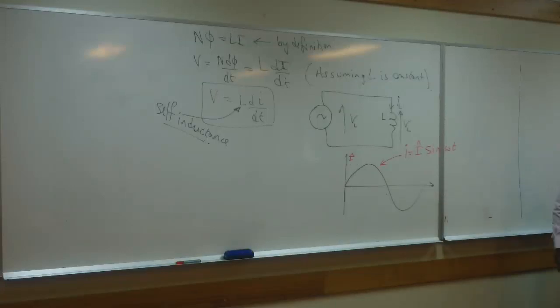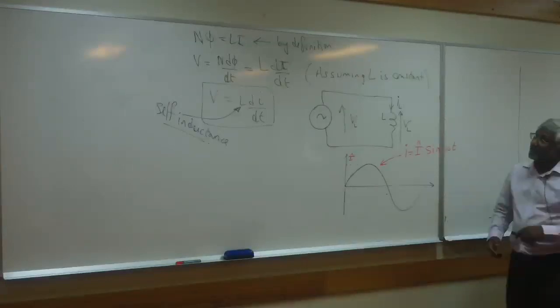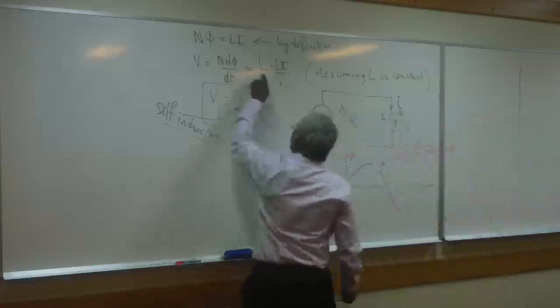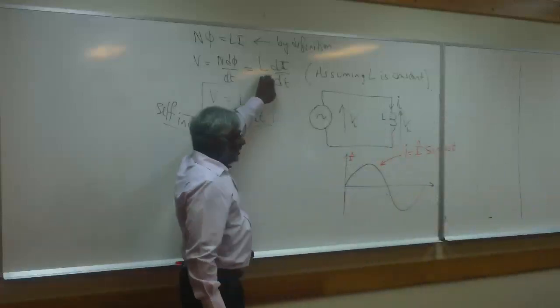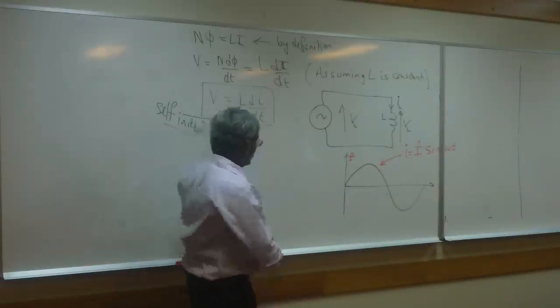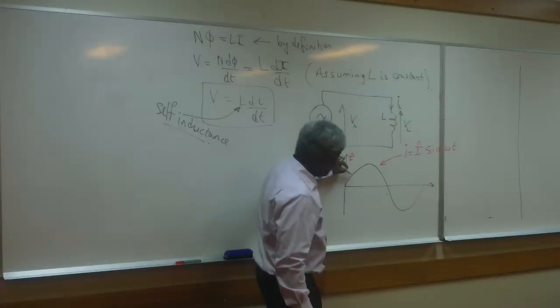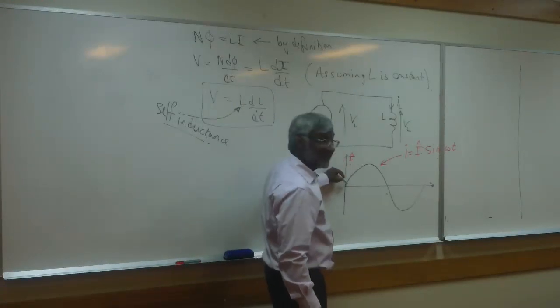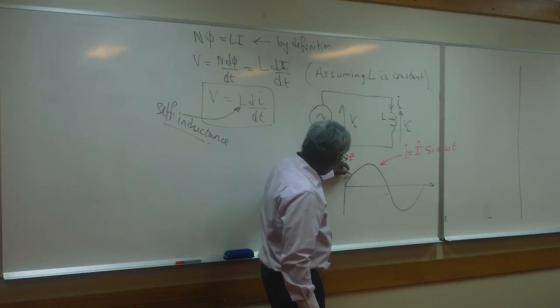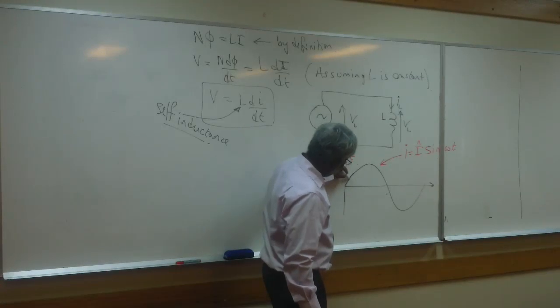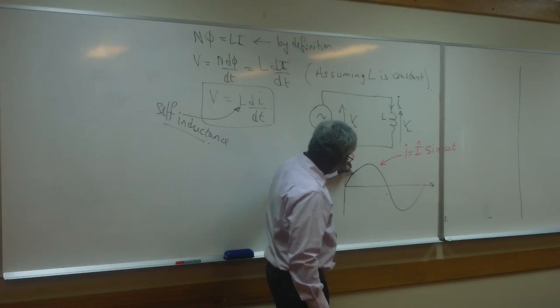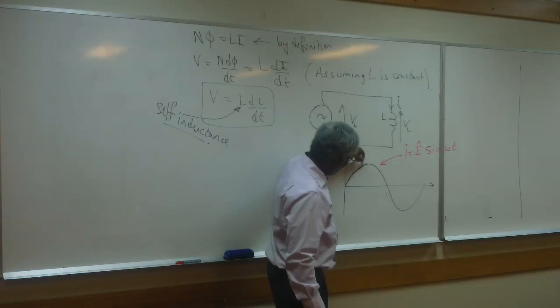The voltage, because the voltage is proportional to the derivative of the current, and you can see the derivative means slope, so the slope is maximum here, maximum and positive. Make sure you can see what slope is. As I say, these diagrams, they talk to you, so you better listen to them.